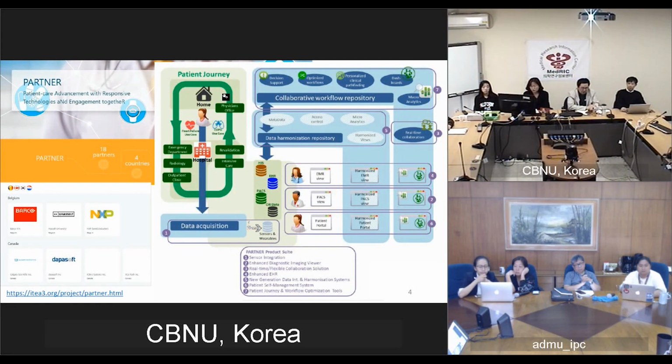Currently, when patients have a chronic disease, they come to the hospital and the hospital measures the patient's condition.